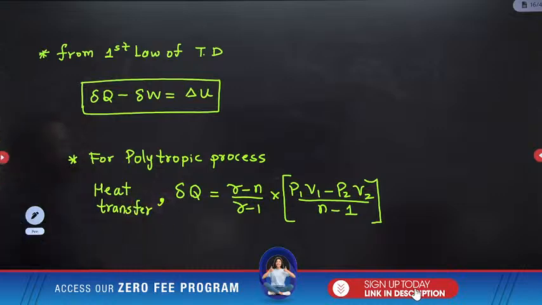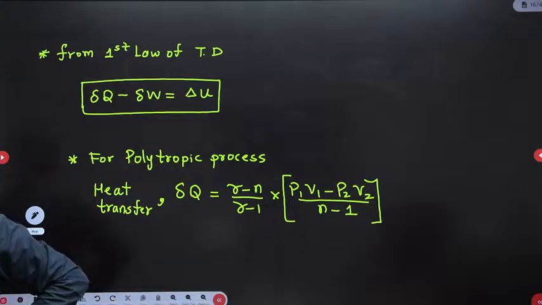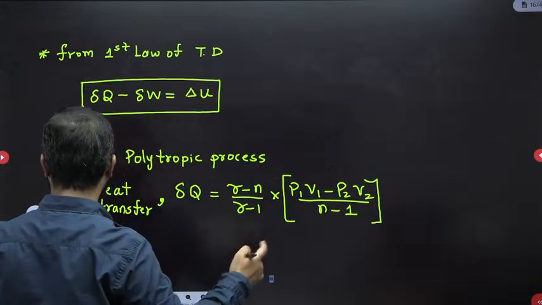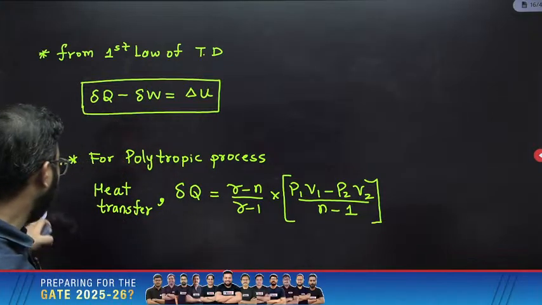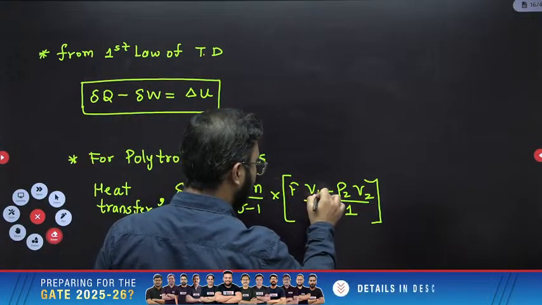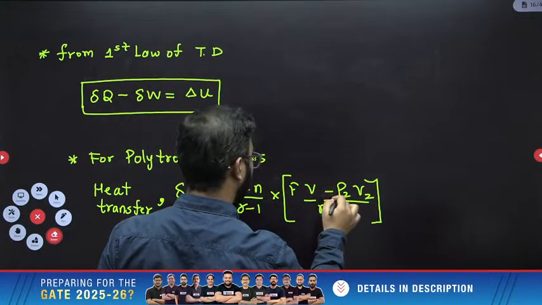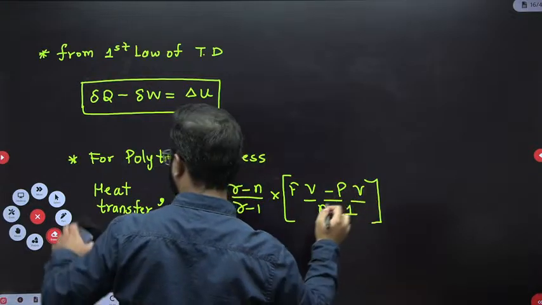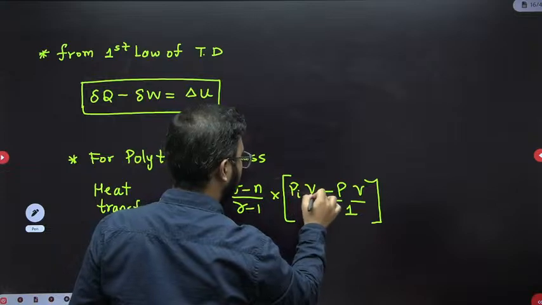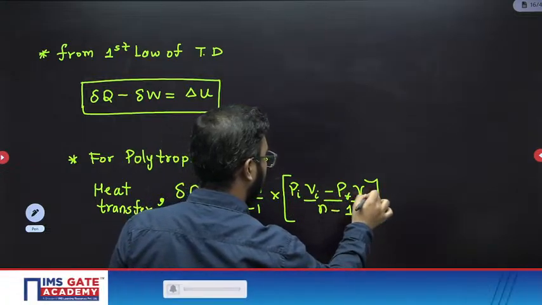Better you should write initial and final, otherwise when a process is 3 to 4 or 5 to 6 or something else, you might get confused. Better always write initial and final things. It would then be very easy for you to understand: P initial, V initial, P final, V final.